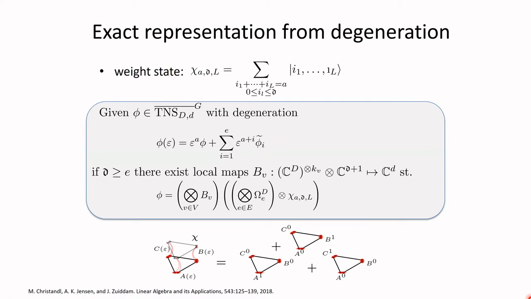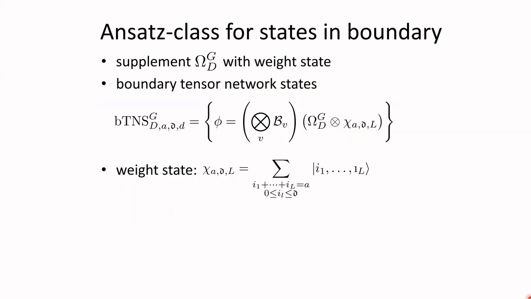And now we have everything in place to write down our new ansatz class for these boundary states. What we do is we supplement our network of maximally entangled states that comes from the graph by weight states in order to get these boundary tensor network states, the BTNS set.